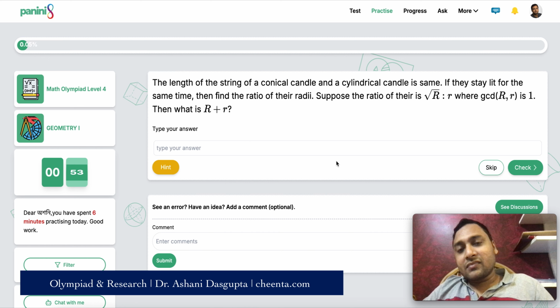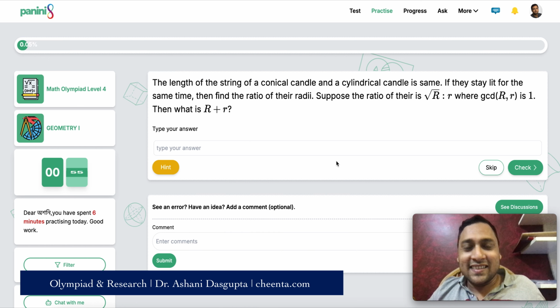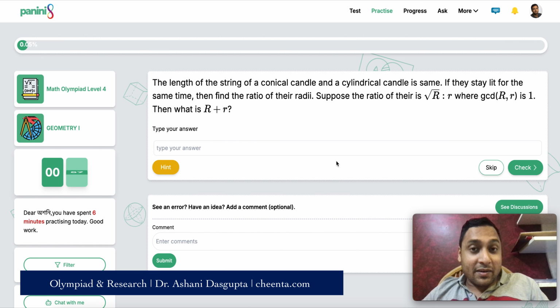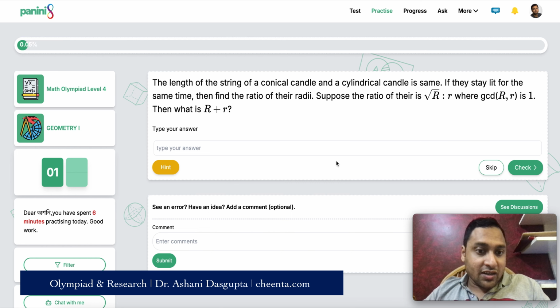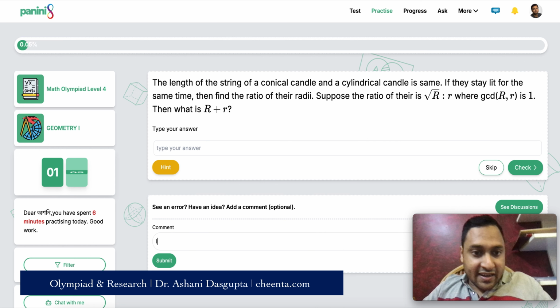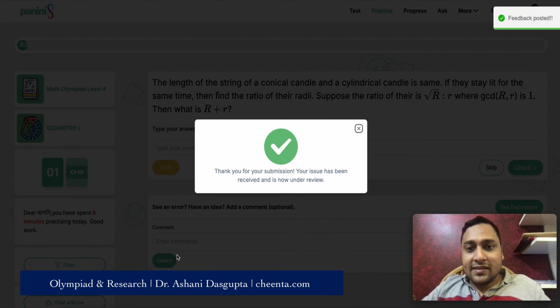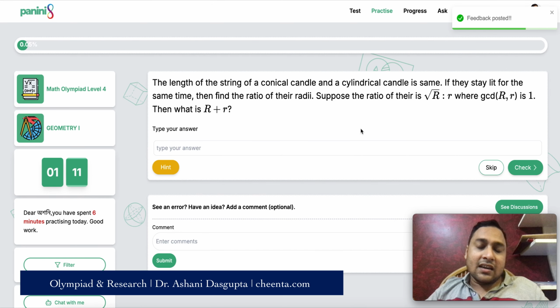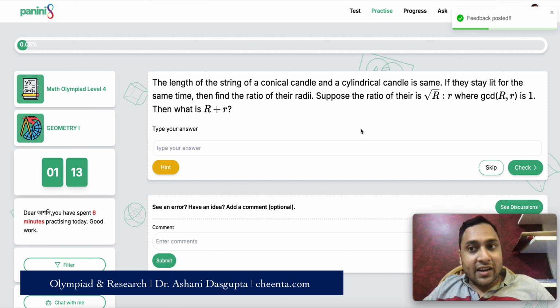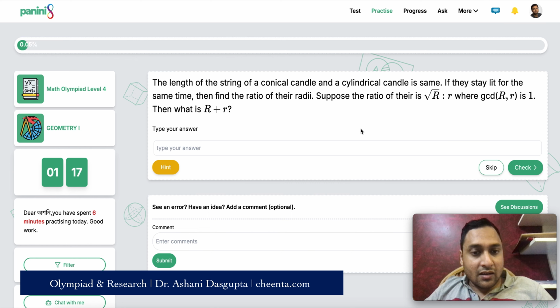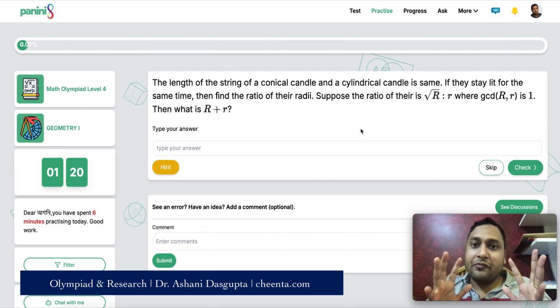And if you're not giving out the answer, then we will make it public and people can see in the discussion panel. If you see an error, of course, mention it here as well. So maybe I can write, I see an error, something like this. Then if I click on submit, of course, our admin will be able to check that question and we can fix that problem.